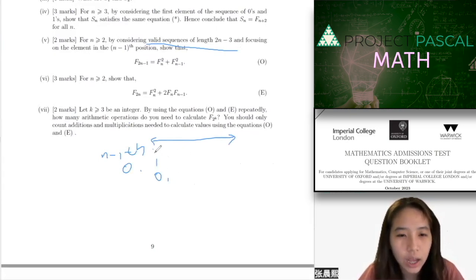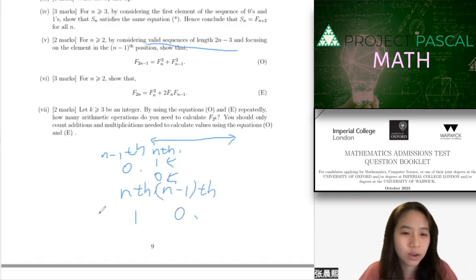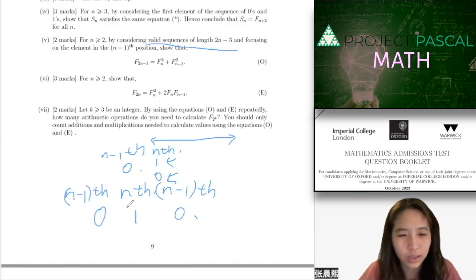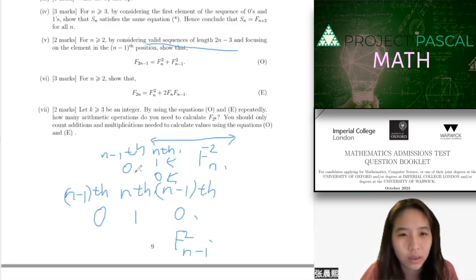So you can add either 1 or 0 at the nth position since it doesn't really matter. But if the nth is 1, then the n minus 1 position must be 0. And you notice that the one before it, n minus 2, is also 0. So here it's f(n-1) squared possibilities, and here it's fn squared possibilities.